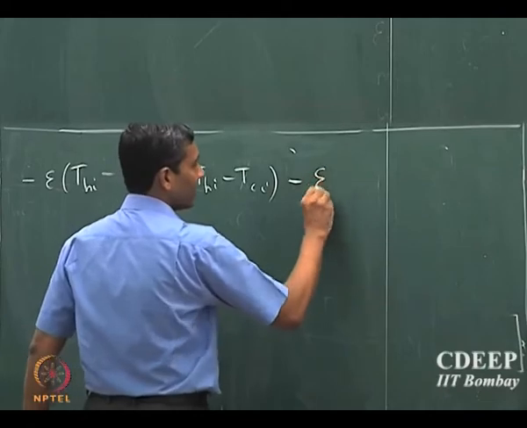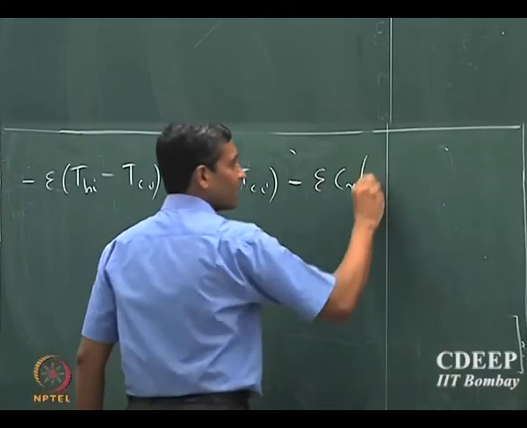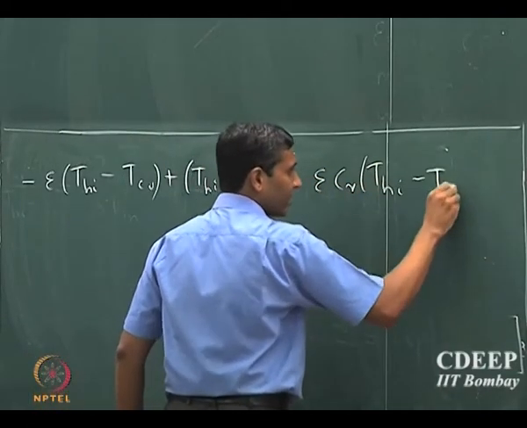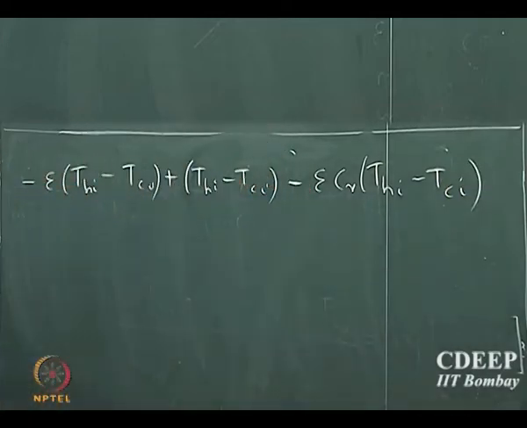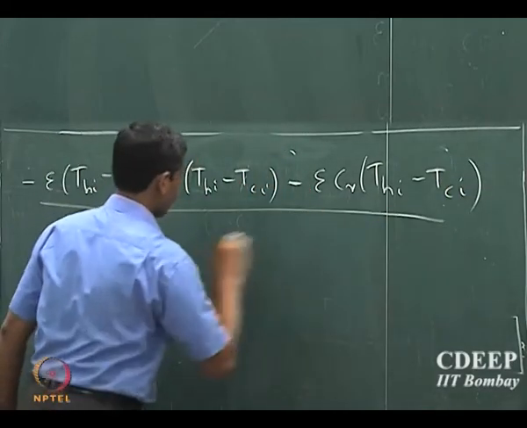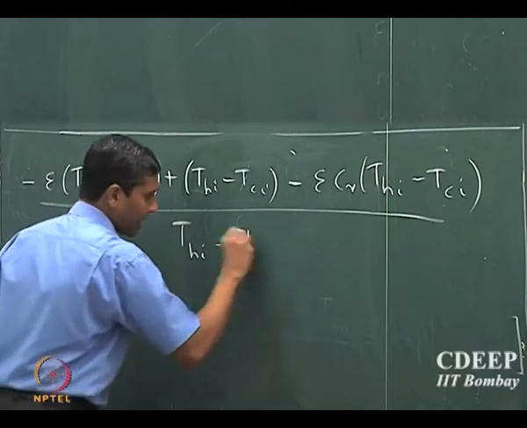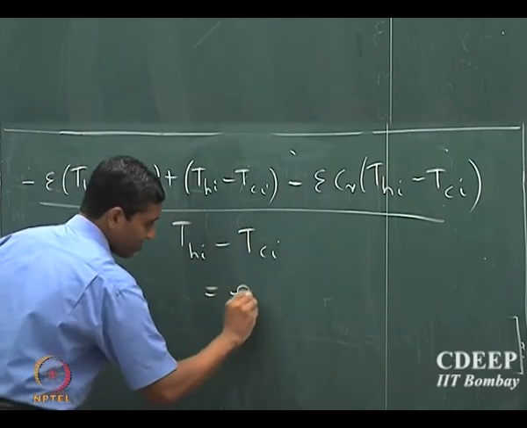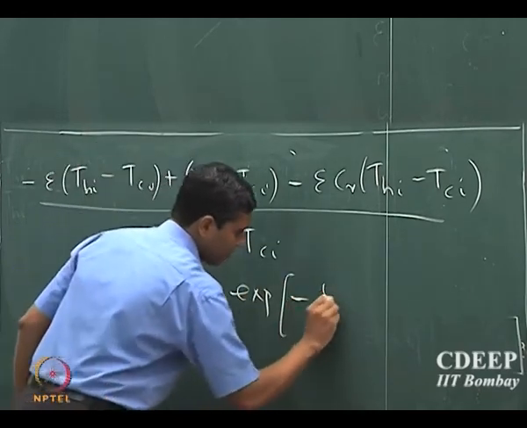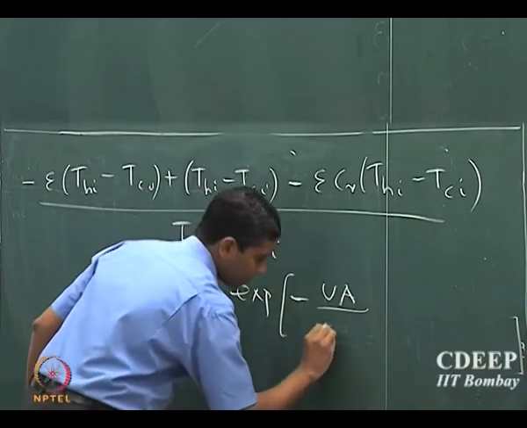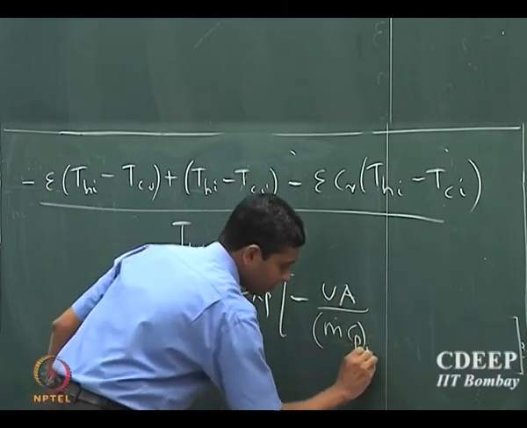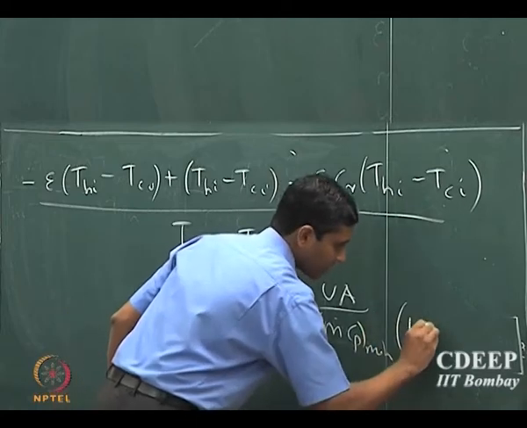So that will be epsilon Cr Thi minus Tci, okay, that divided by Thi minus Tci, that should be equal to exponential of minus UA by m dot Cp min into 1 plus Cr.